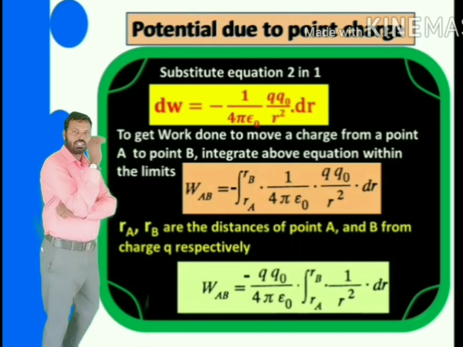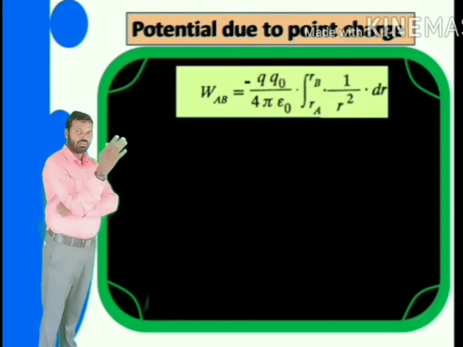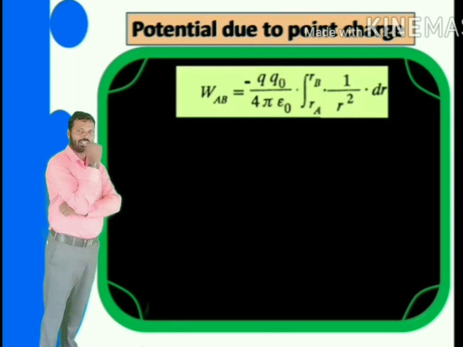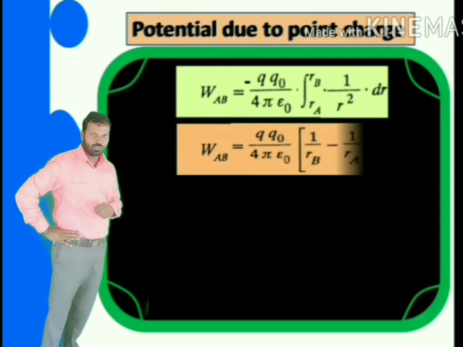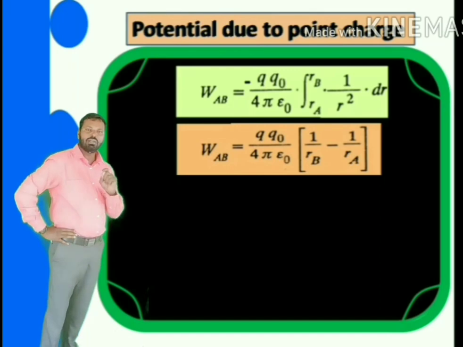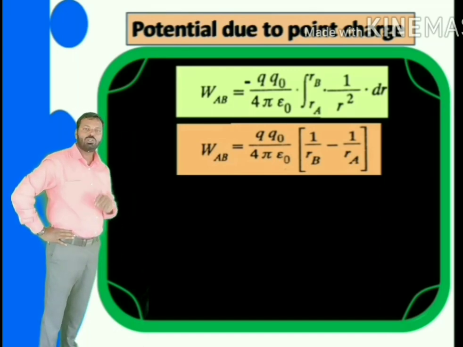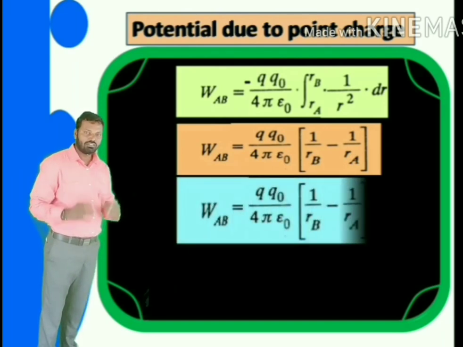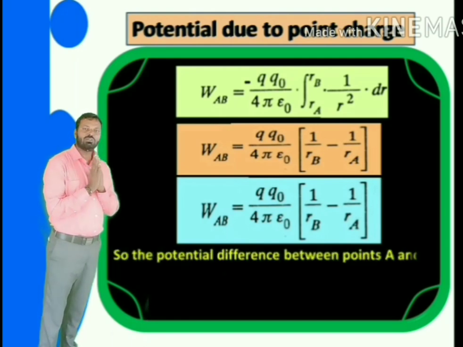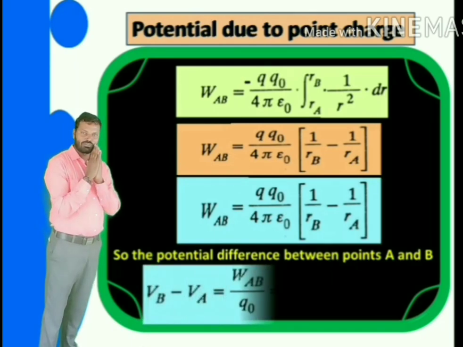But actually if I integrate 1 by R square, what I will get? 1 by R. What are the limits? RA to RB. So if I simplify that one, WAB is equal to Q Q0 by 4 pi epsilon naught into 1 by RB minus 1 by RA. This is the work done to move between two points. But the definition of potential difference between 2 points A and B is given by VB minus VA is equal to WAB by Q0, right?